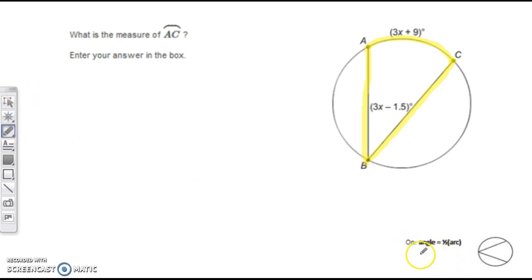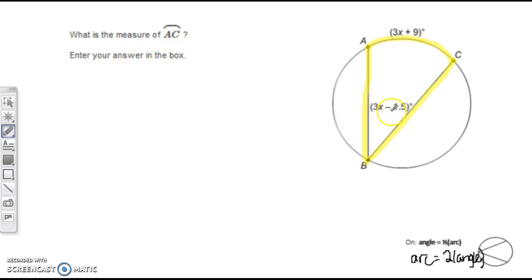Or you could reverse that and say the arc is twice as big as the angle. I'm not going to write that out, but well, I guess I will. The arc equals 2 times the angle. They both say the same thing. So it doesn't matter which way you want to plug it in.